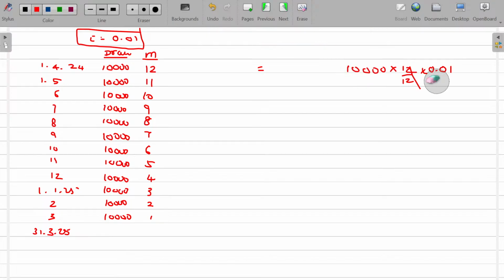No, I just make a correction. 0.01 per month. How many months are there? 12 months. Now you will get the value. I think it is 120. Yes or no? 1,200. 1,200, right? Right.